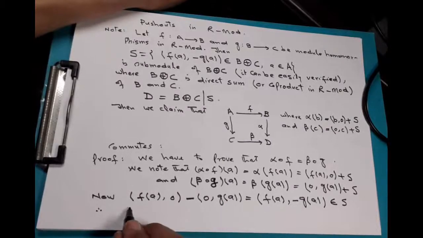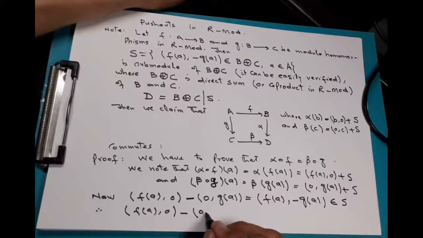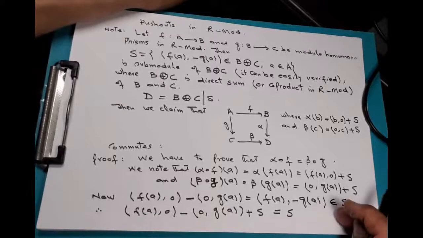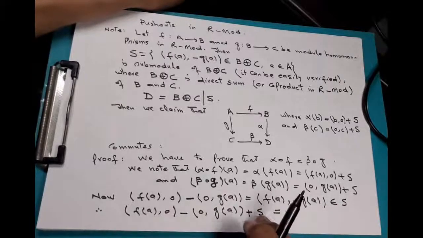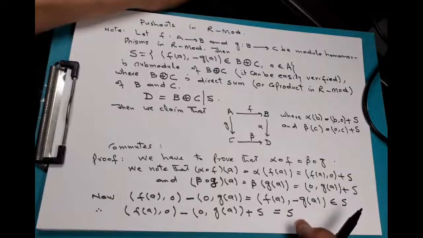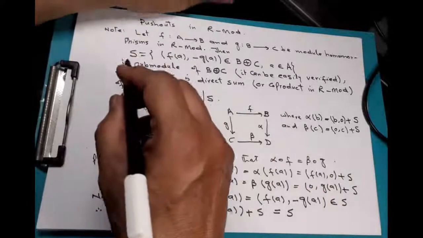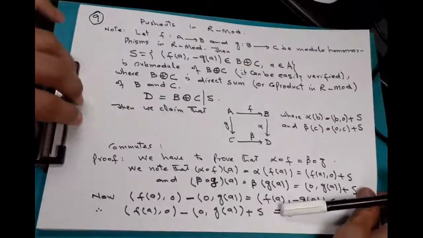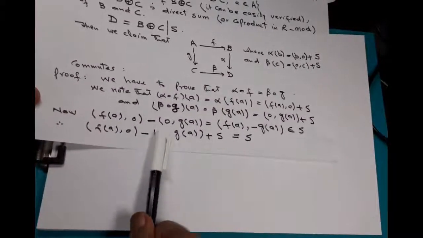Therefore the coset of this particular element, Fa, 0 minus 0, Ga, plus S is equal to S, because this element belongs to S. So the coset with this particular element of S is equal to S, and therefore we take this minus 0, Ga to the right hand side.